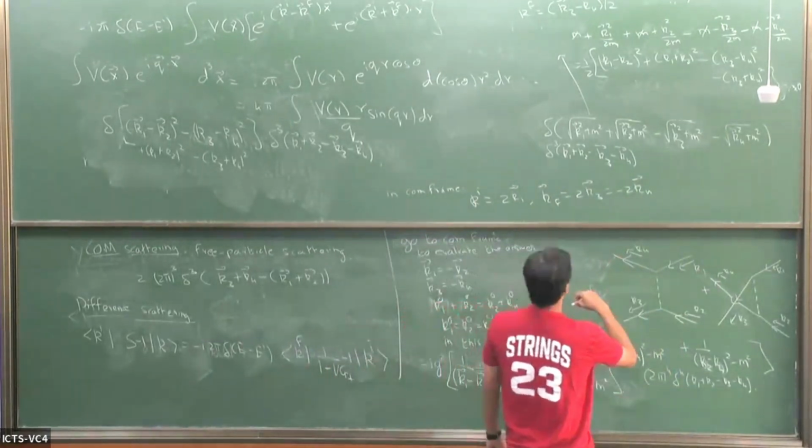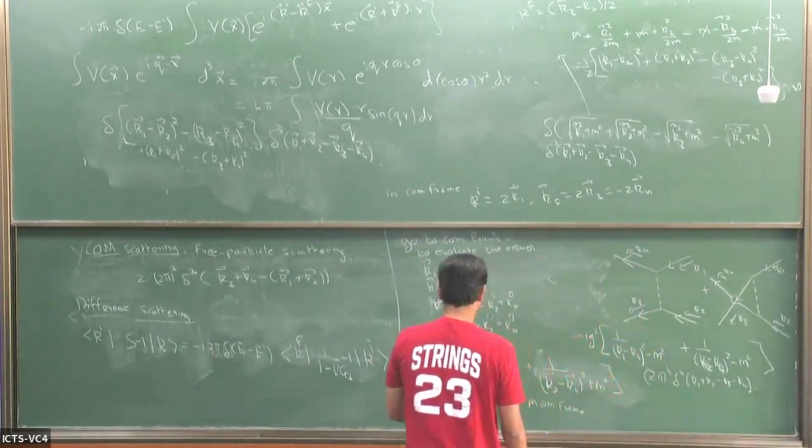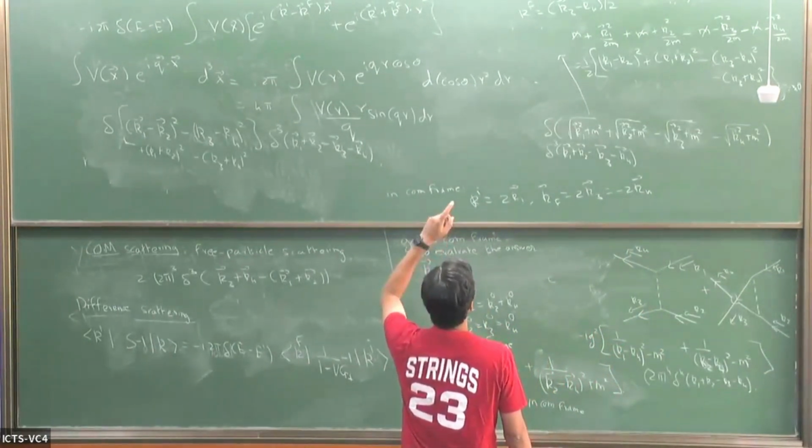So Ki minus Kf. Did I get my sign wrong? One second. Sorry, I got my sign wrong.